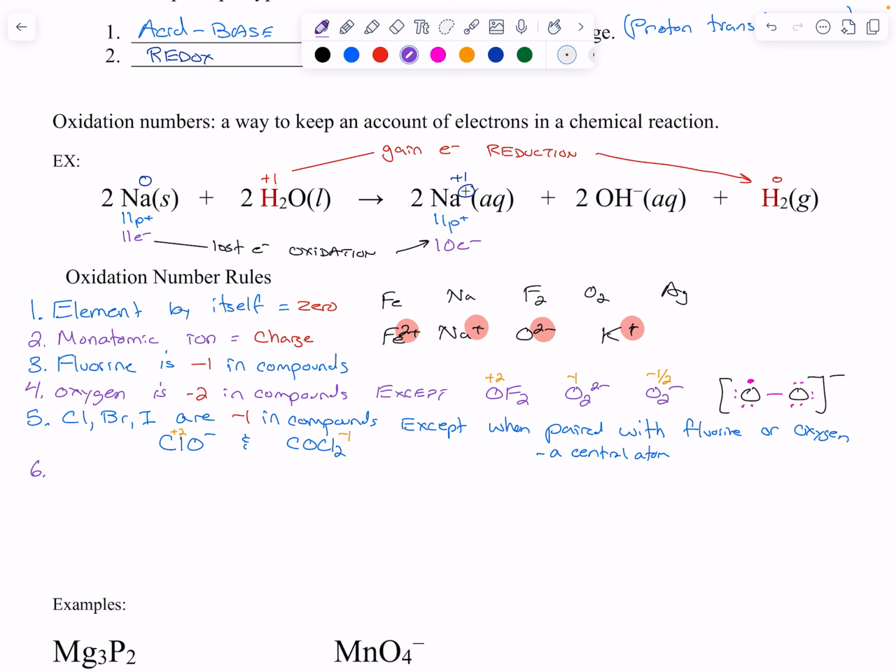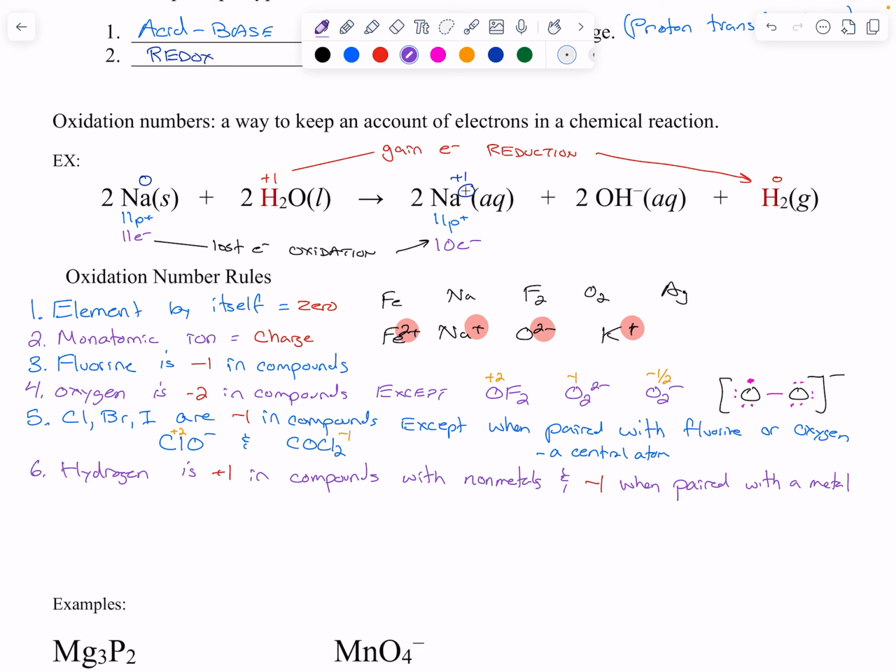All right, 6. Hydrogen is +1 in compounds with nonmetals, and it can be -1 when paired with a metal.